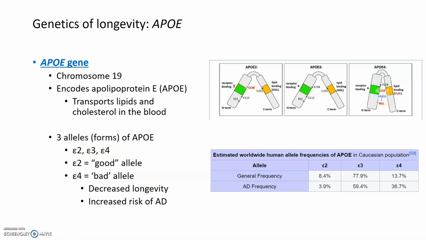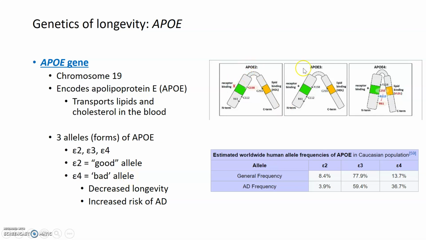And there are kind of good and bad alleles, or forms, of the ApoE gene. The E2 allele is what's known as the good allele, or the good form, and E4 is what's known as the bad allele, or the bad form.